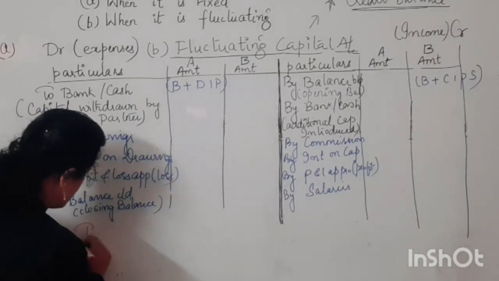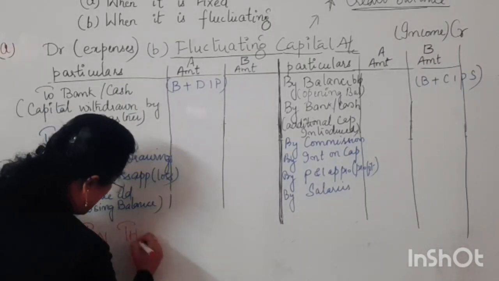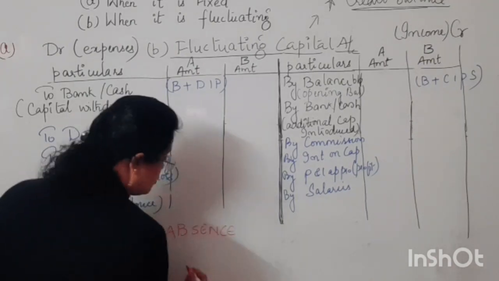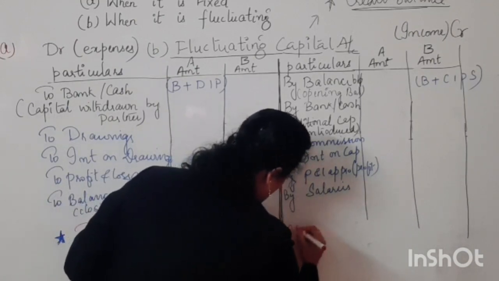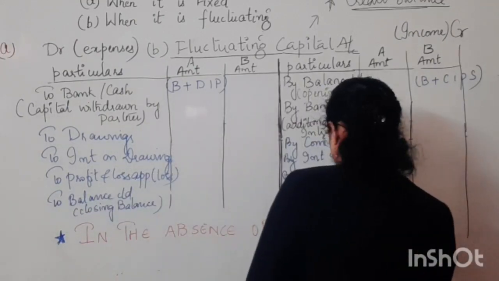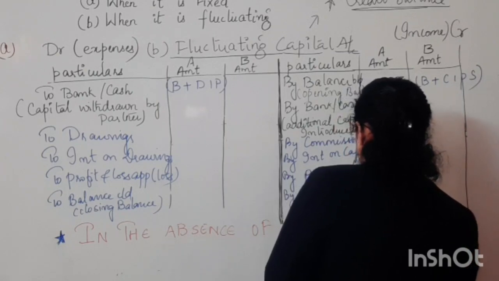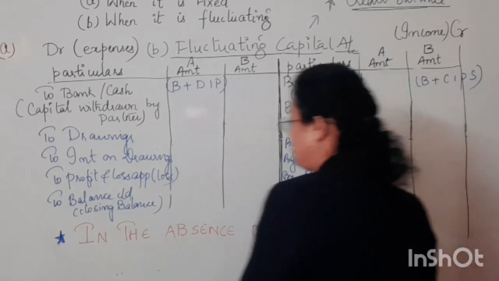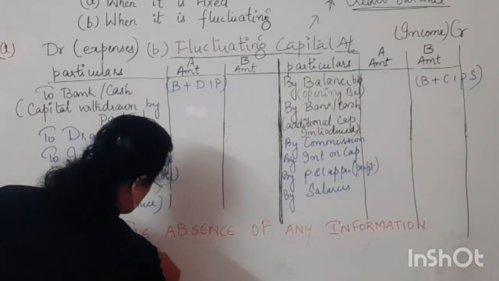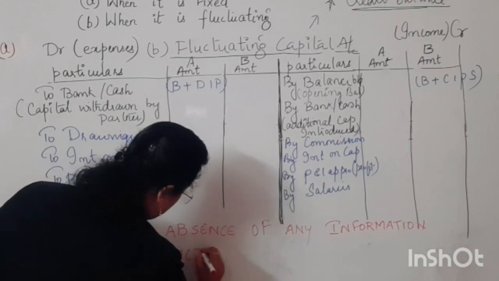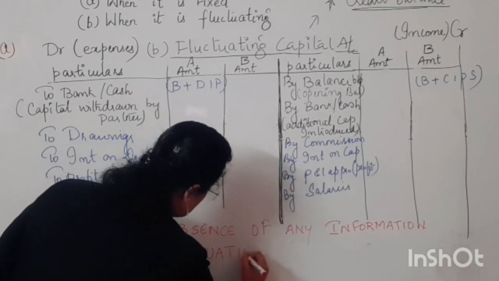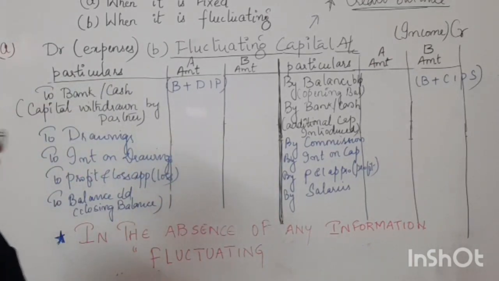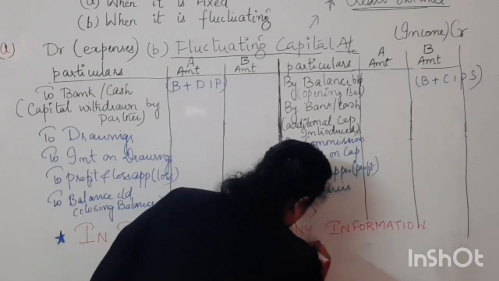In the absence of any information, which type of partners capital account is understood? We will be making the fluctuating partners capital account. Remember children, if the question is silent, then make a note of this. We need to make the fluctuating capital account.